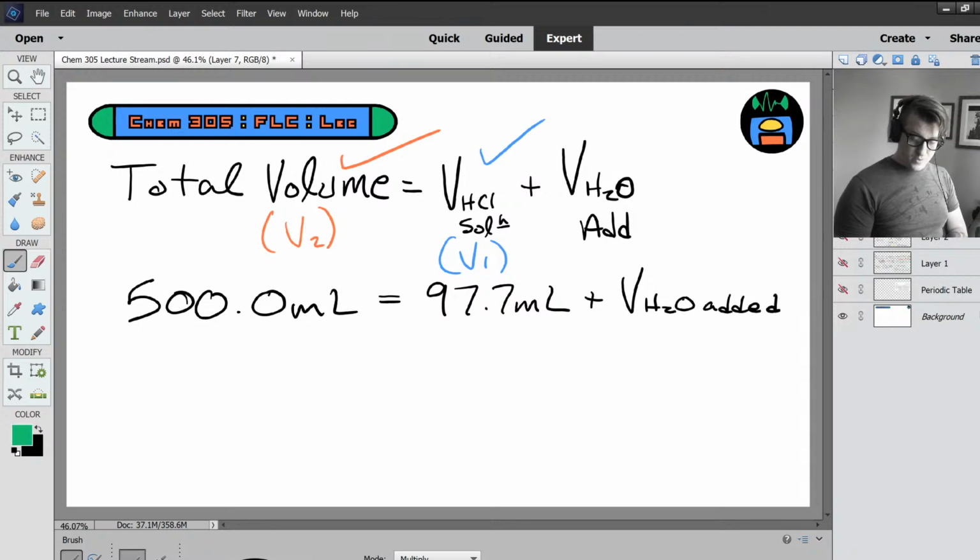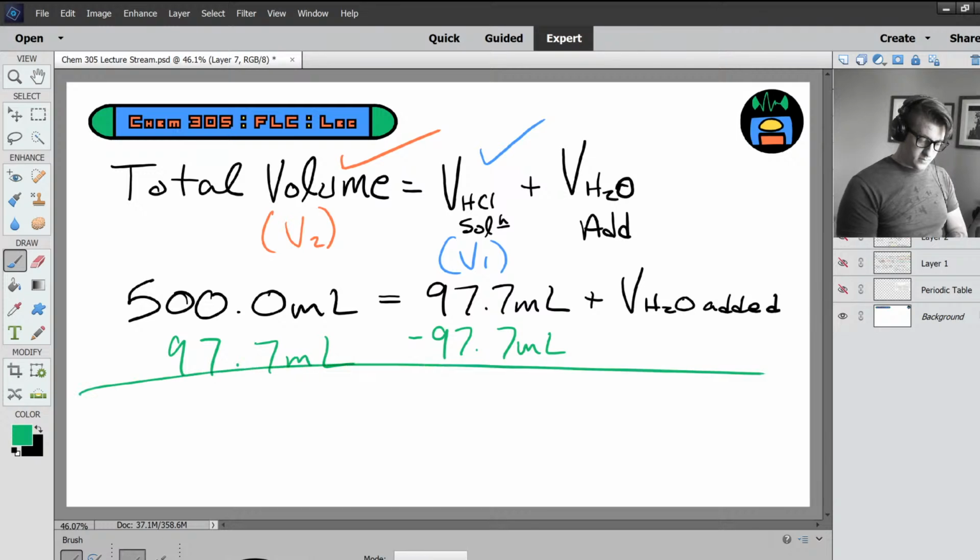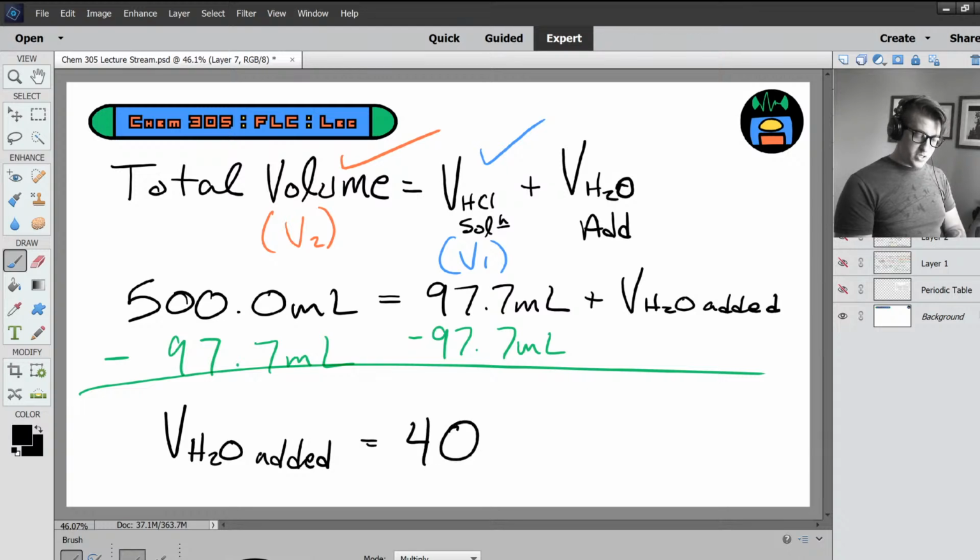So to find that, we just have to subtract 97.7 mils from both sides of this equation. So we get 500.0 minus 97.7 tells us that the volume of water we have to add, or that we did add, is equal to 402.3 milliliters.